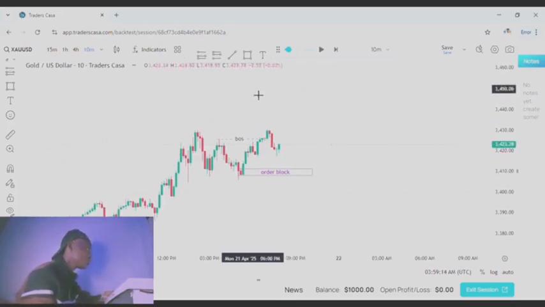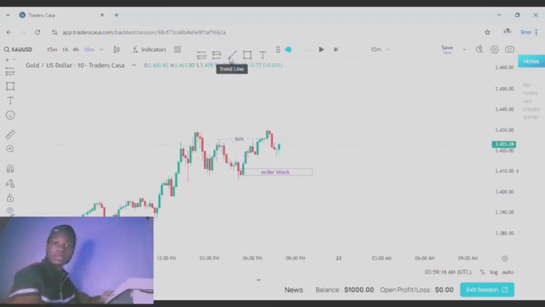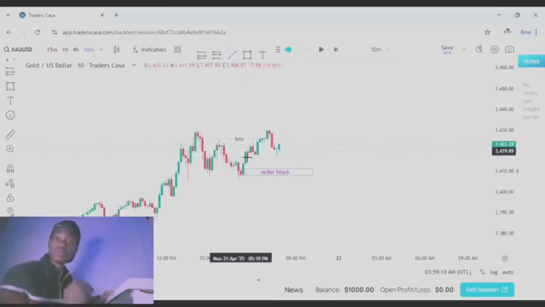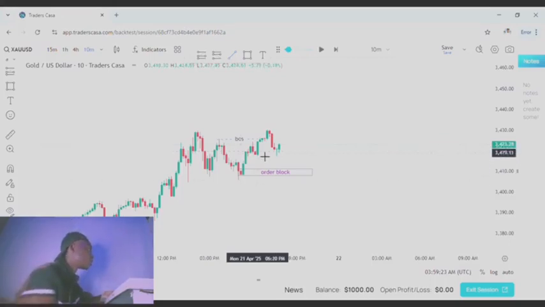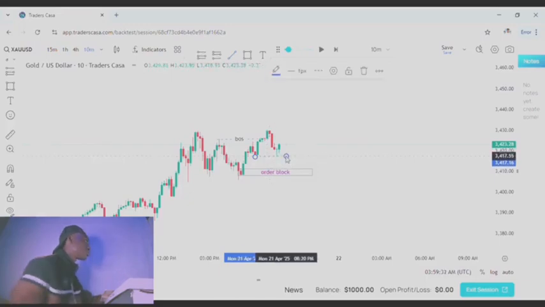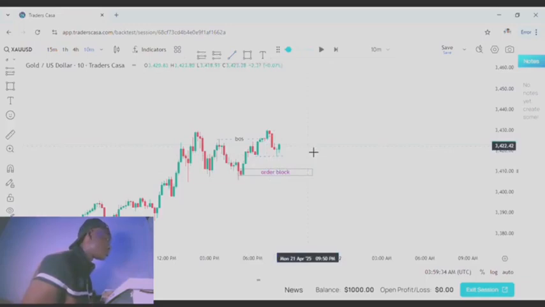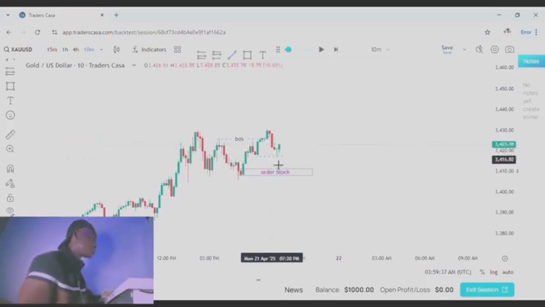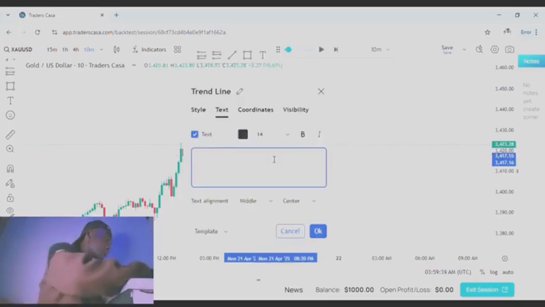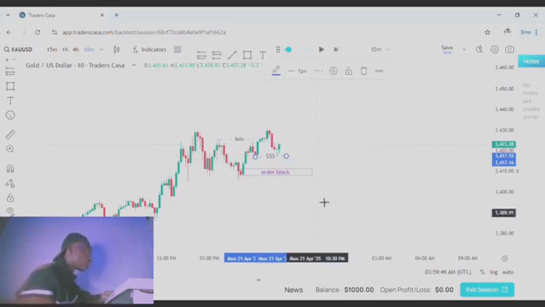Next thing you have to look for is where the liquidity is resting. As you can see right here, there is liquidity down here. Simple.